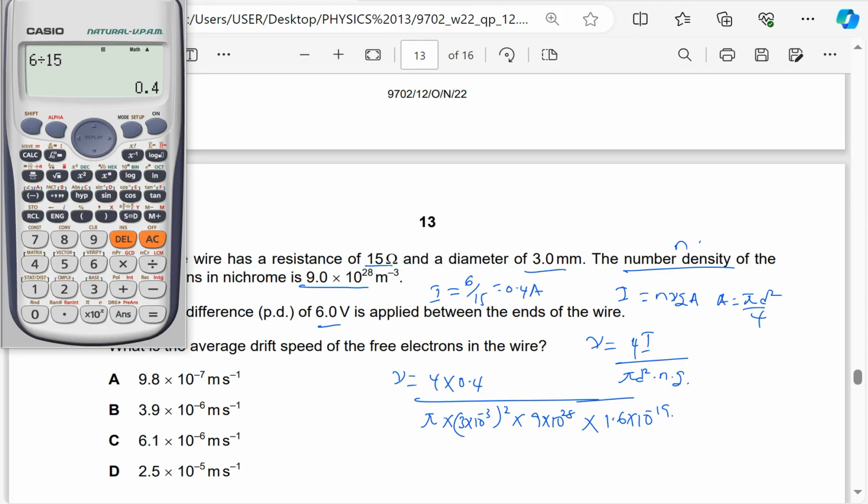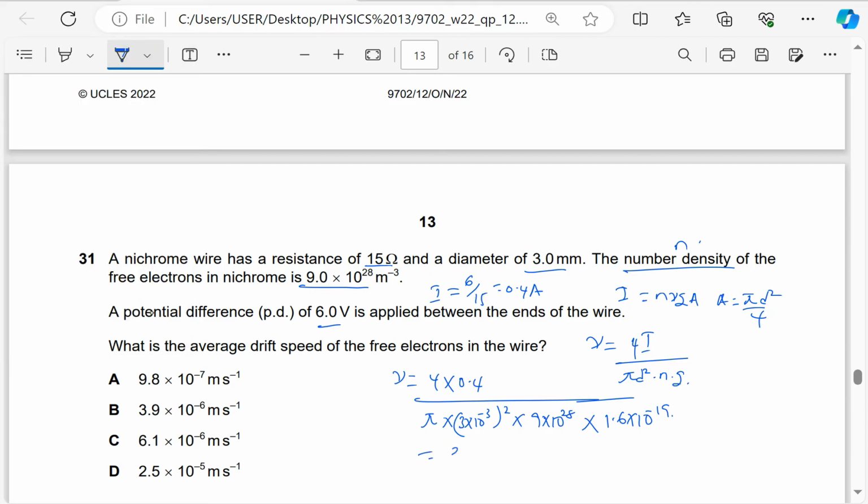So I will start with the denominator: pi times 3 exponent minus 3, squared, times 9 exponent 28 times 1.6 exponent minus 19. Then I will get the numerator, which is 4 times 0.4, and I divide this by the answer. So I am getting 3.9 times 10 to the power of minus 6.